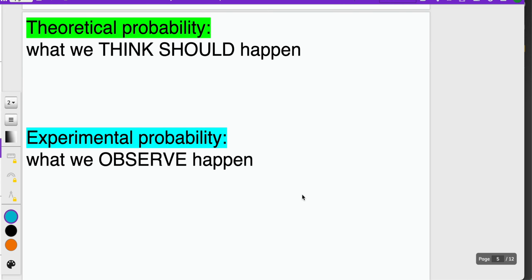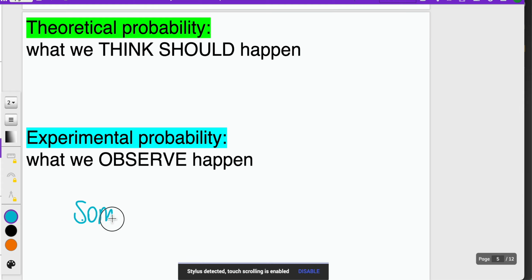Two types of probabilities we're going to look at today, and most of it will be theoretical. Theoretical probability is what we think should happen, whereas experimental probability is what we observe happen. That just means something that has already been done and we're just taking notes on it, okay? These two things are sometimes not the same thing.